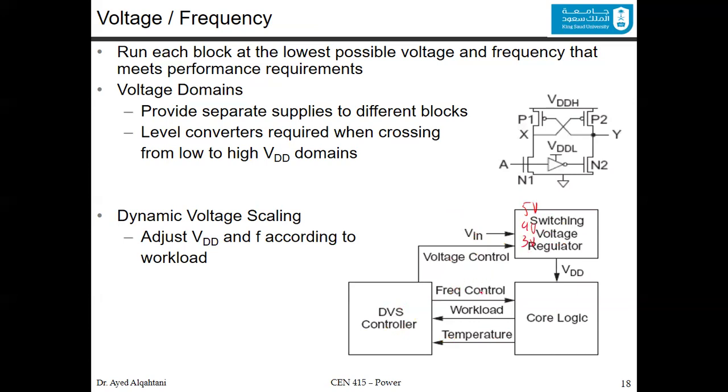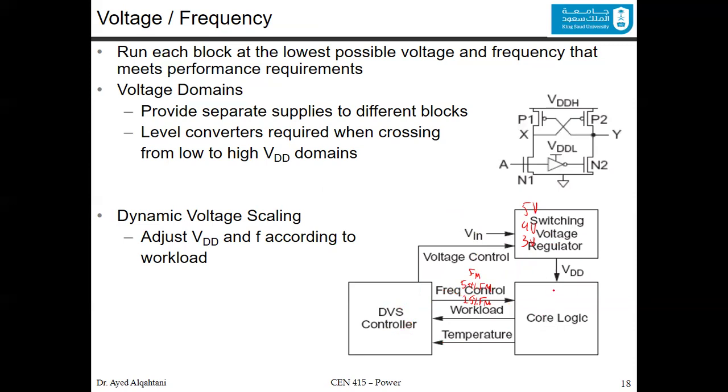For the frequency control in the non-critical paths, you can go from the maximum frequency, let's call it FM, or 50% of FM, or 25% of FM. So there are only three levels. Since you have a terrible temperature, you should have 3 volts here.